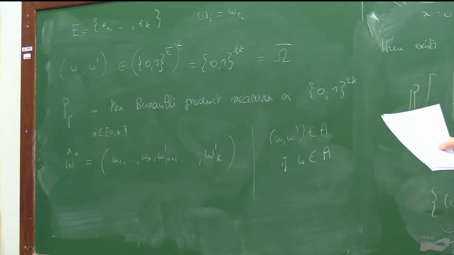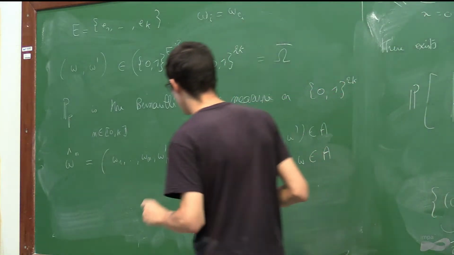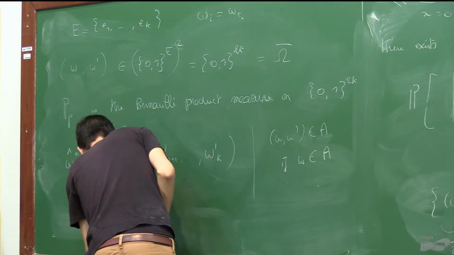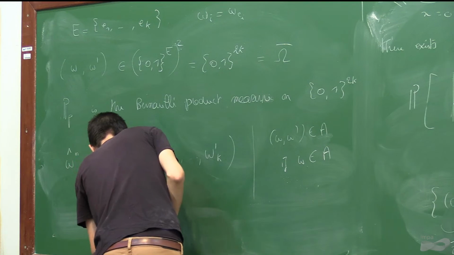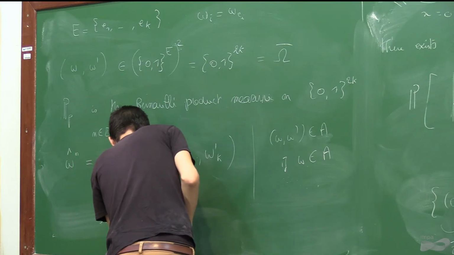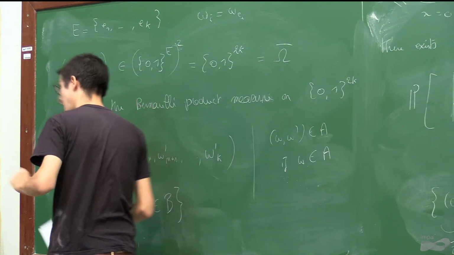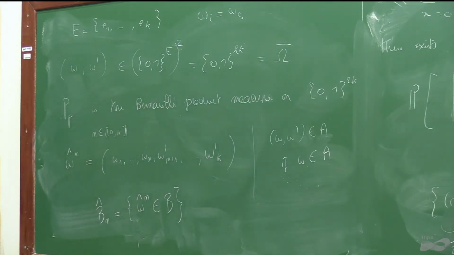For B, it's a bit different. What I will define is an event Bn, which is the event omega hat n belongs to B. So I'm trying to satisfy B, but now the variables I'm using are exactly these ones.